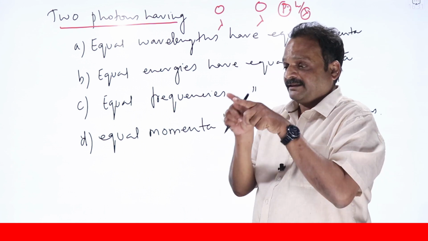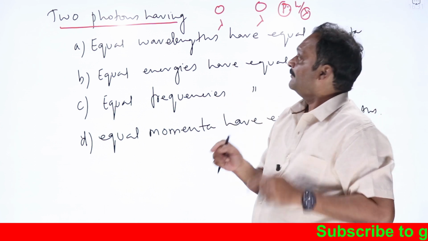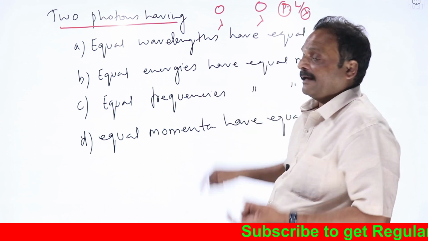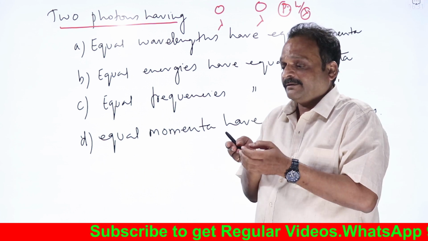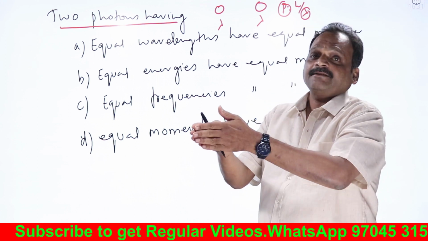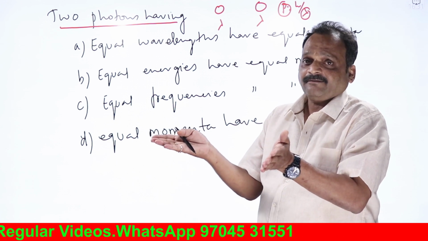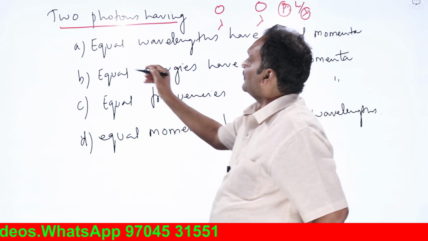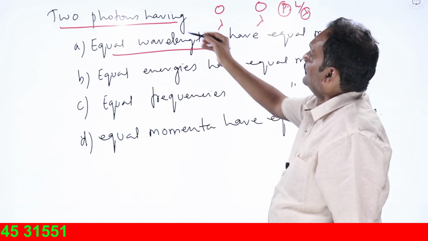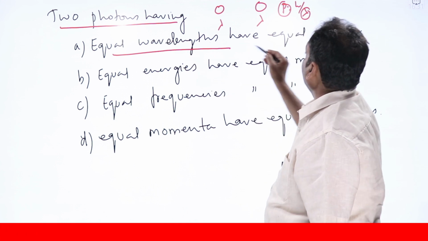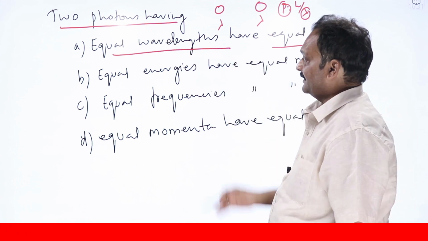Two vectors must be equal not only in magnitude but also in direction. If wavelengths are equal, the magnitudes of momenta will be the same, no doubt, but we don't know whether they are moving in the same direction or not. If their directions are different, the vectors will not be equal. So we cannot say with guarantee that they have equal momenta.